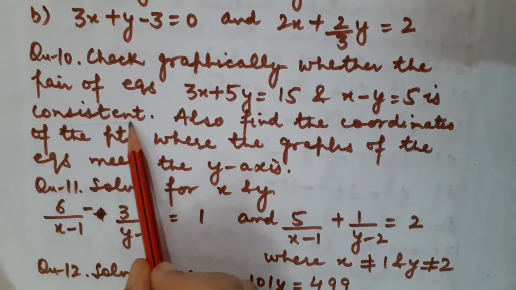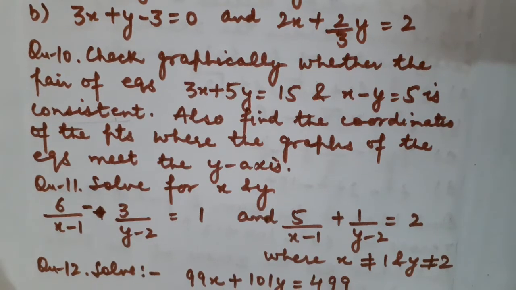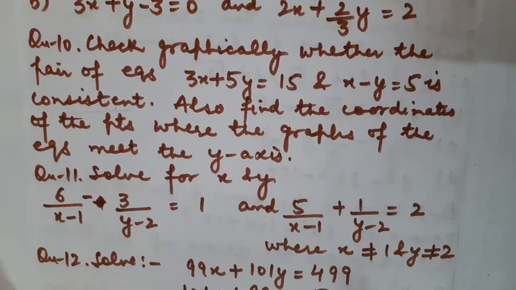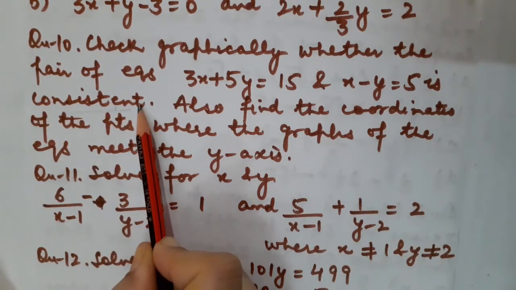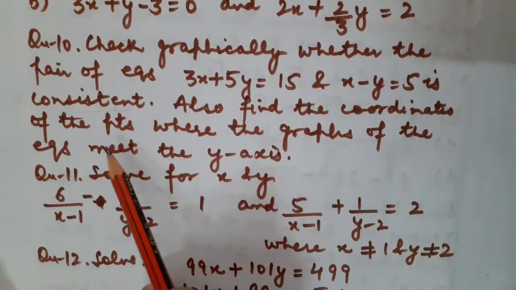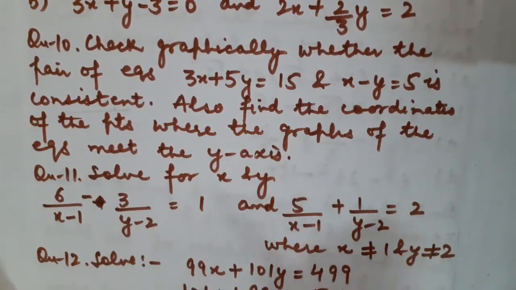In consistent system, you know, children, if I am going to draw both of these lines, while plotting the coordinates related to these lines, I have to check whether they are intersecting or they are coinciding, because in intersecting, you know that there will be one solution and then the system will be called consistent, and for infinitely many solutions also the system will be called consistent. Along with it, we have to tell the coordinates of the point where the graph of the equation meets the y-axis. So let us have a look on its solution.